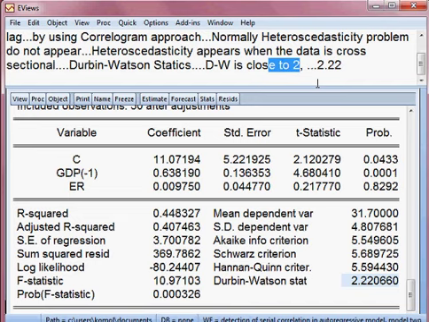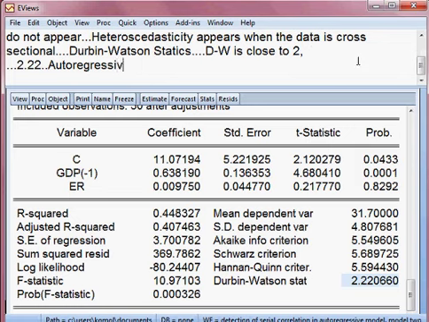But there is one problem. When the model is an auto-regressive model, then we cannot use the Durbin-Watson statistic, because it is not suitable for auto-regressive models.